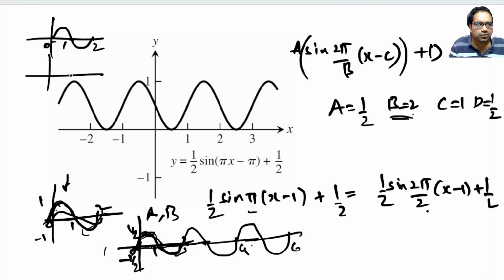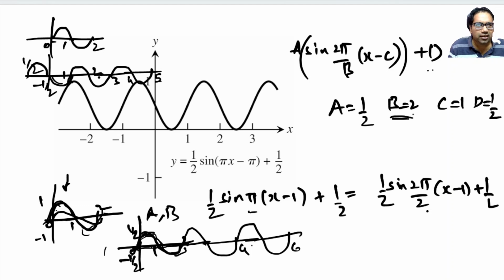So it becomes like this: this becomes 1, this becomes 2, this becomes 3, and this will keep repeating like this. 1, 2, 3, then 3, 4, 5. And still it is minus half and this is plus half. Okay, we have accommodated C also.